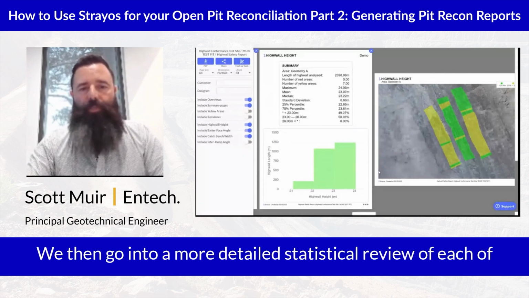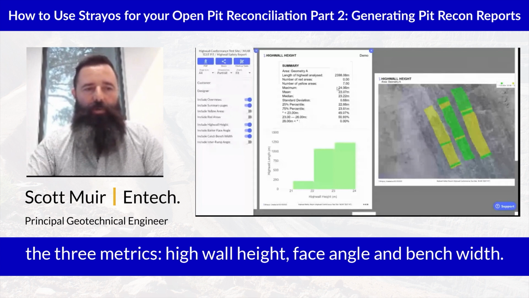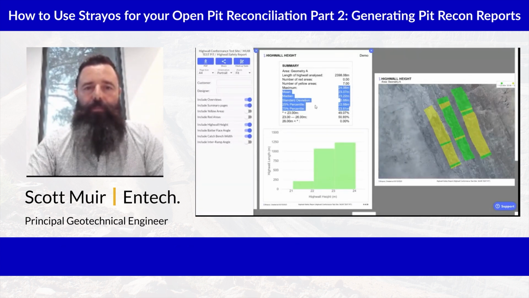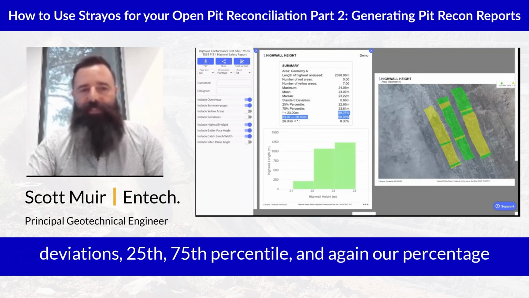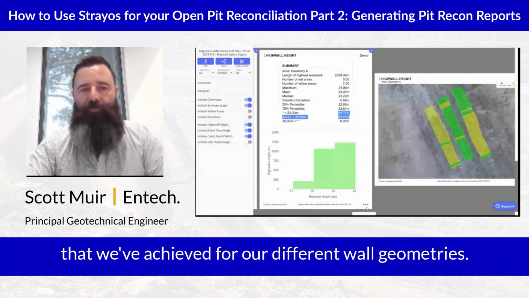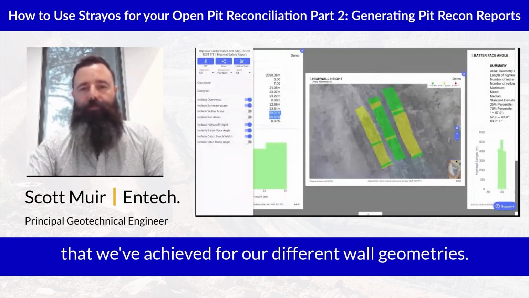We then go into a more detailed statistical review of each of the three metrics: high wall height, face angle, and bench width. So we've got a bit of a breakdown on our maximum, mean, standard deviations, 25th, 75th percentile, and again, our percentage that we've achieved for our different wall geometries.